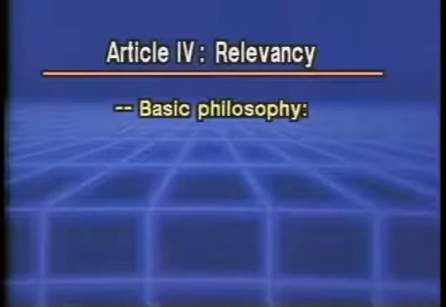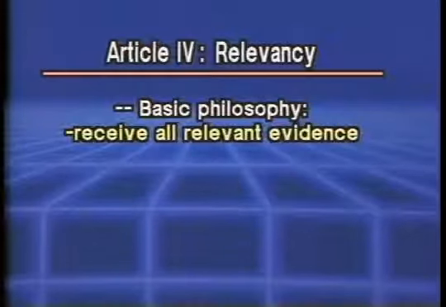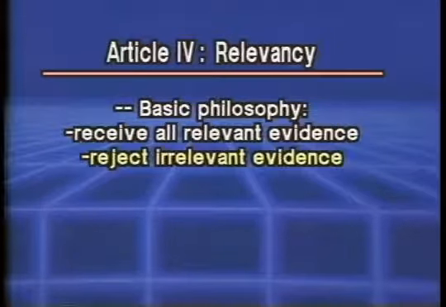Let's quickly look again at the Article 4 rules, because there, for the first time, we have hit some real meat of what the federal rules are all about. You'll recall that I indicated that Rules 401 and 402 anchor the philosophy of the federal rules. They are saying, receive everything that's relevant, reject everything that's not relevant, but nearly everything is relevant.